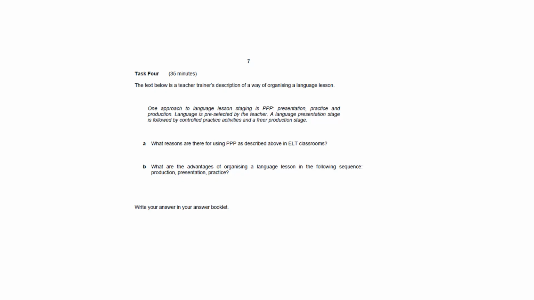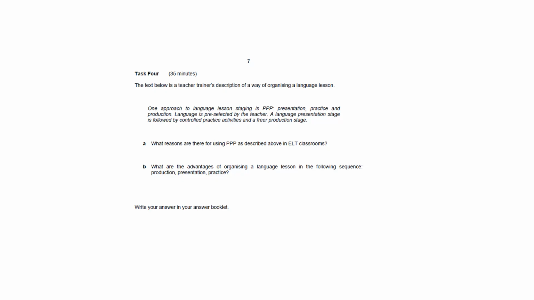So learners also get a sense of progress or achievement after having the production first. Okay. Well, and it makes the language more relevant and authentic and more personalized, so it can enhance the memory retention of the students about the target language.